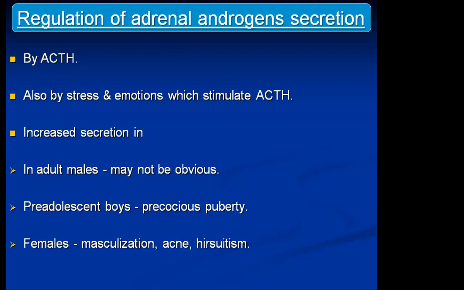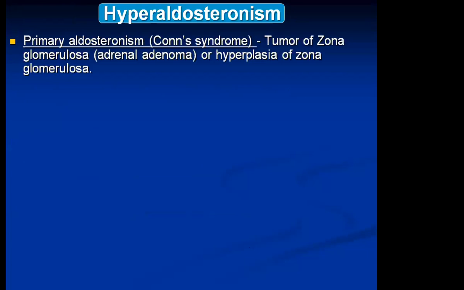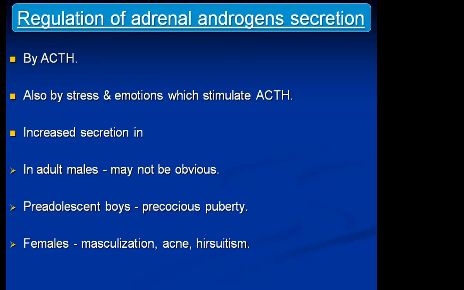What will be the effects on females? It will cause masculinization or acne or hirsutism, that is growth of hair on the face especially. We will be seeing the effect of excess secretion of adrenal androgens when we study the further abnormalities.